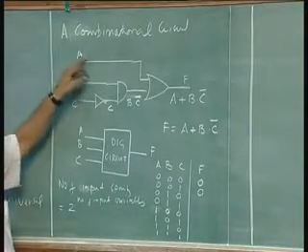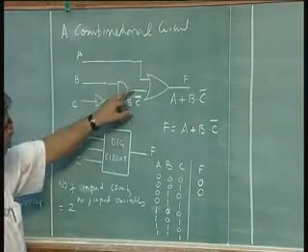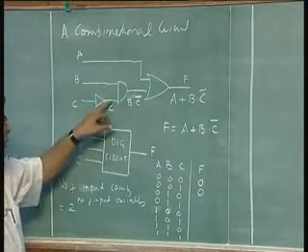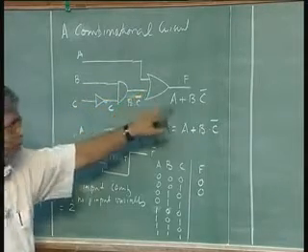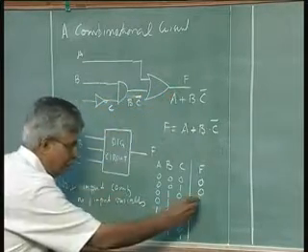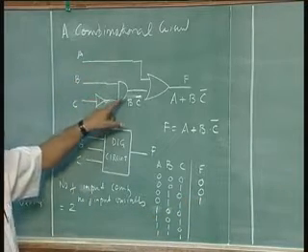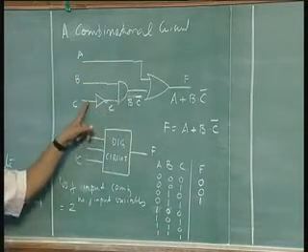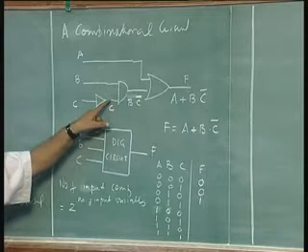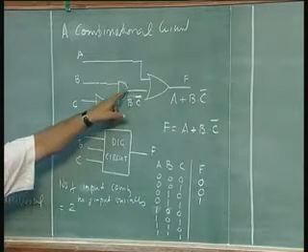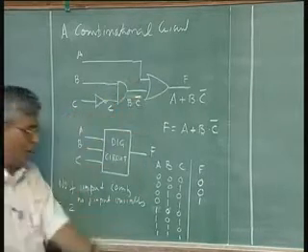Then when A is 0, B is 1, that means this will be 1, C is 0, that means this is 1, that means there is a 1 here, output is a 1. Good. 0, 1, 1: this is going to be 0, because the 1 here is translated to 0 here, and once it is 0, the output is a 0.